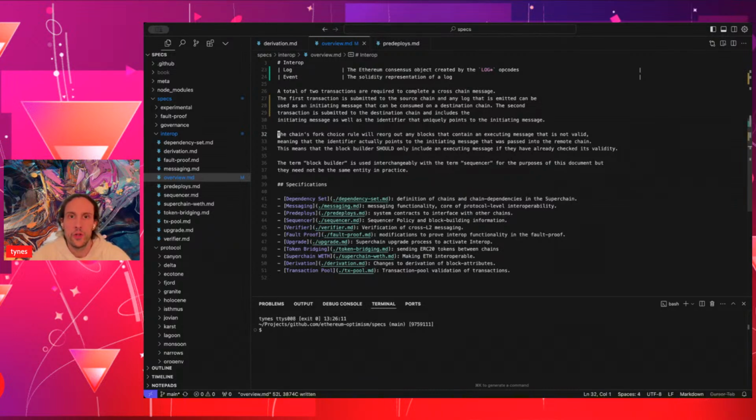The chain's fork choice rule will reorg out any blocks that contain an executing message that is not valid, meaning that the identifier actually points to the initiating message that was passed into the remote chain. This means the block builder should only include an executing message if they have already checked its validity.